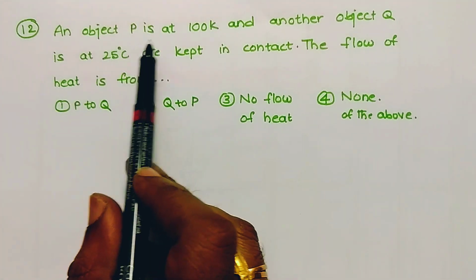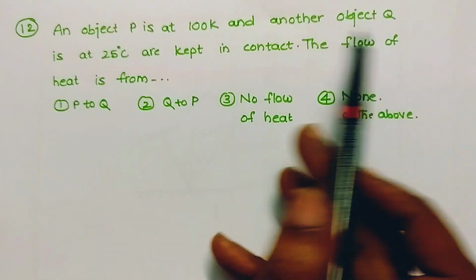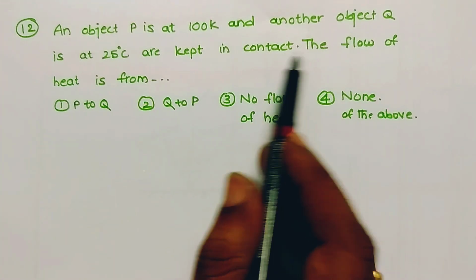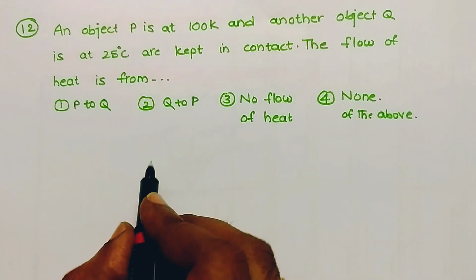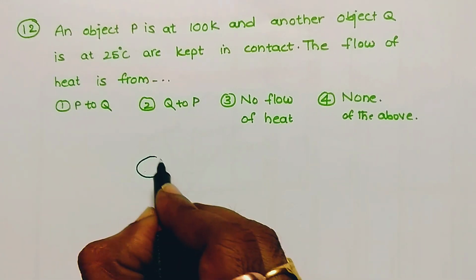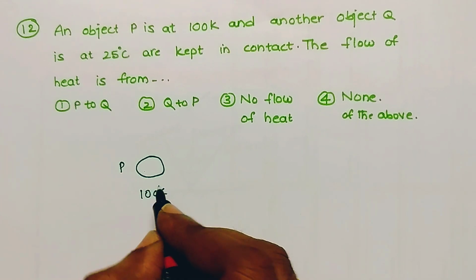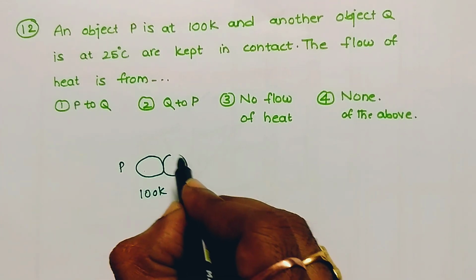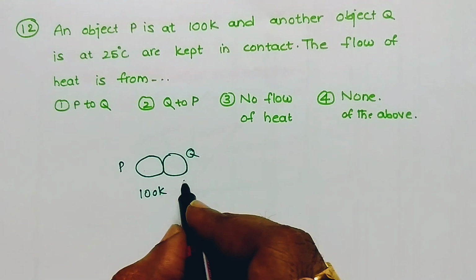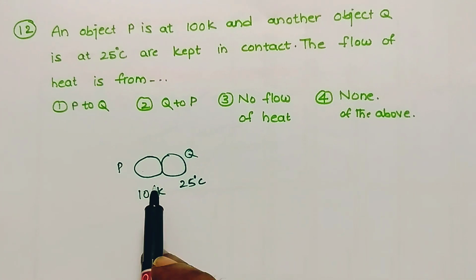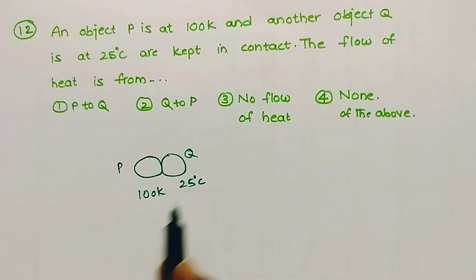Here an object P is at 100 K and another object Q is at 25 degrees centigrade, kept in contact. The flow of heat is from? Suppose here is one object P, at 100 K, and here is another object Q, at 25 degrees centigrade. Heat flows from which body to which body?